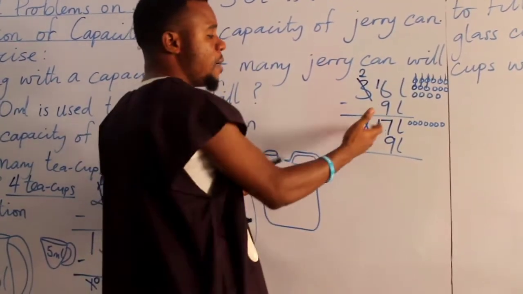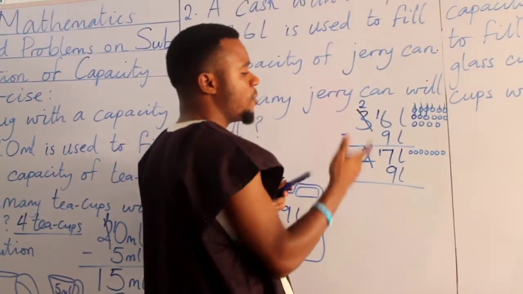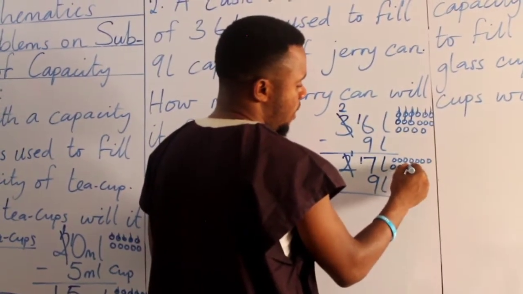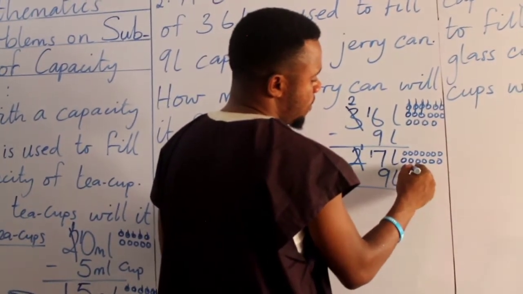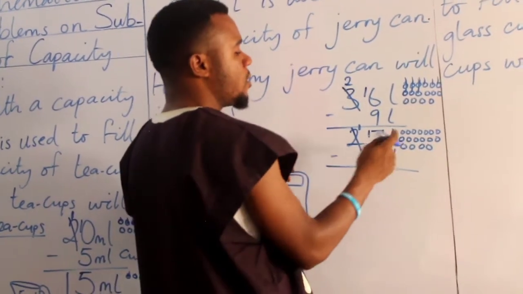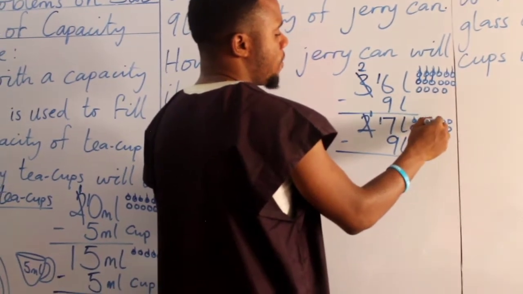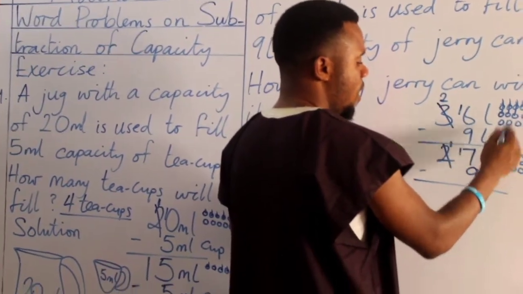Now 7 is not bigger. 7 is now what? 17. So we can count from 7. 7, 8, 9, 10, 11, 12, 13, 14, 15, 16, 17. So take out 9. 1, 2, 3, 4, 5, 6, 7, 8, 9.